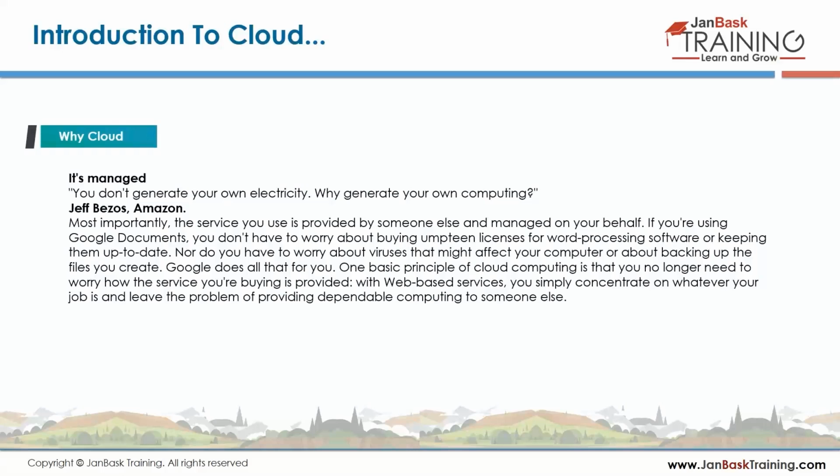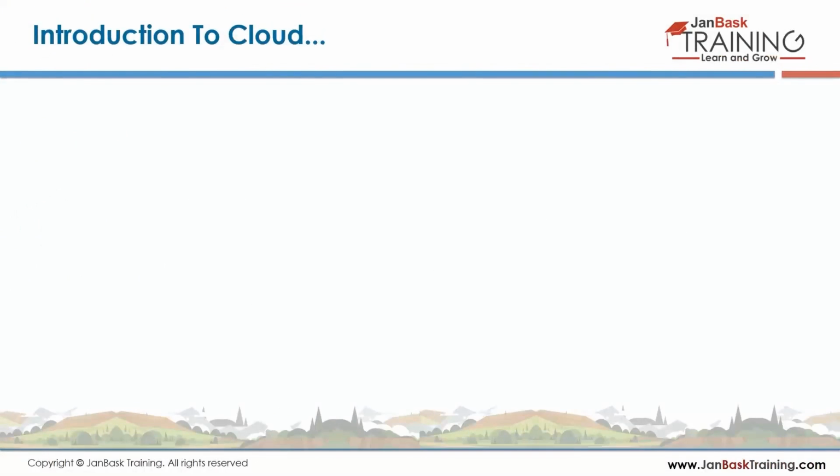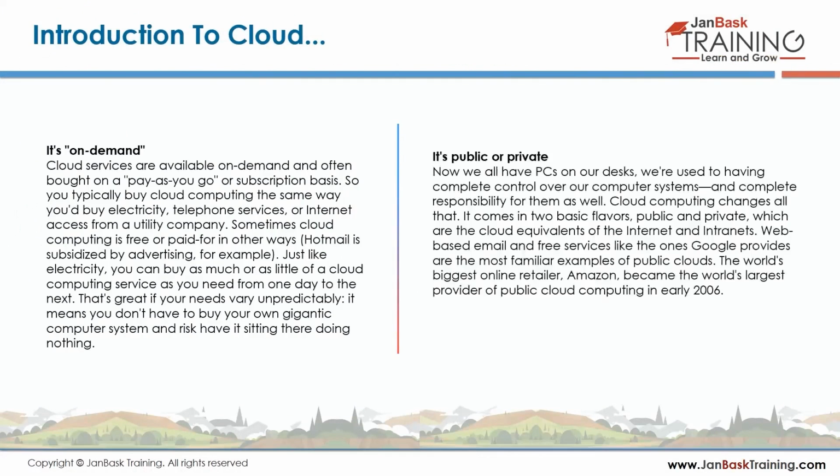Okay. As I said, cloud is required on an on-demand basis. Other than that, we will see the different kinds of cloud computing service models. To name a few, we have on-premise, IaaS, which is infrastructure as a service, PaaS, which is platform as a service, and SaaS, which is software as a service.